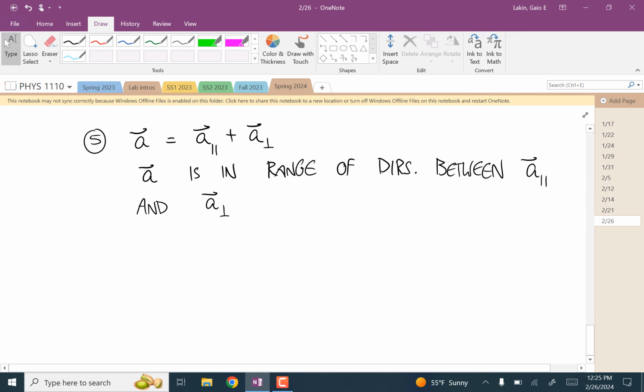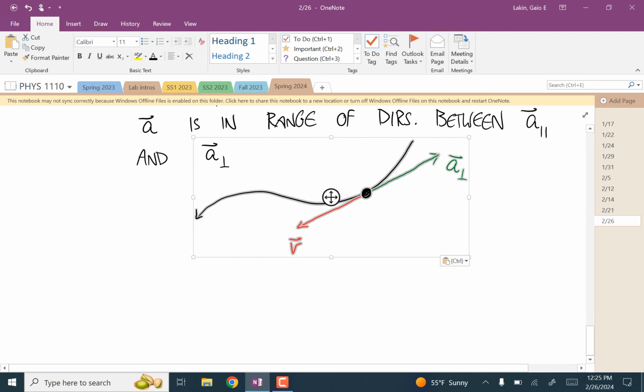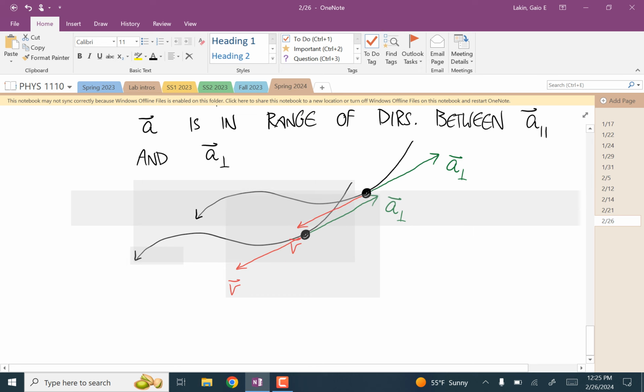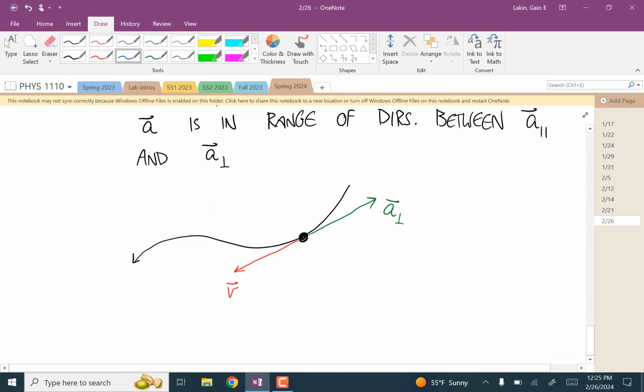Okay, so if this is A perpendicular, then the total acceleration has to be somewhere between those two parts.